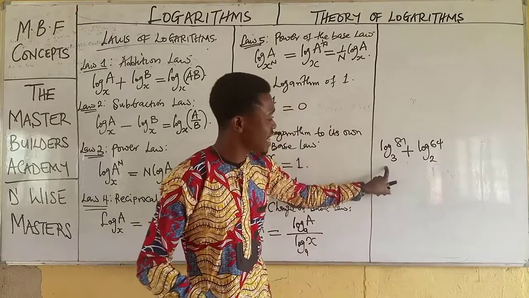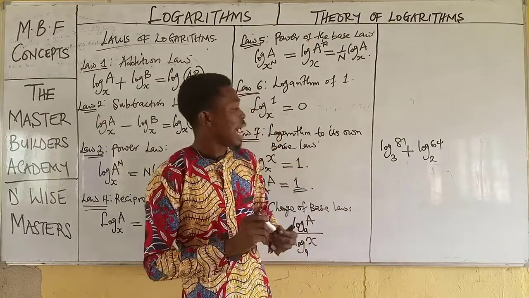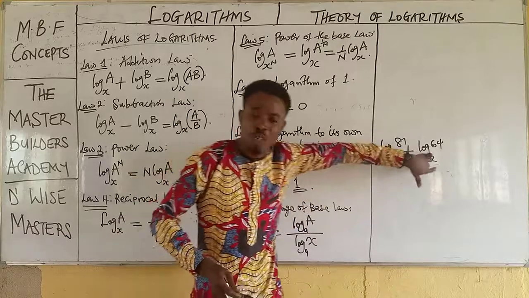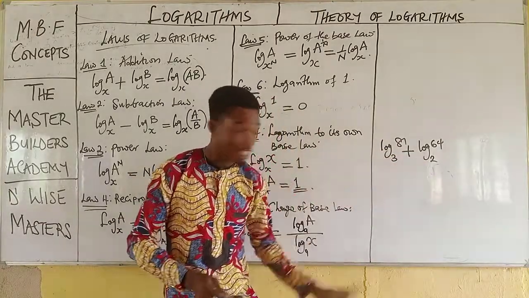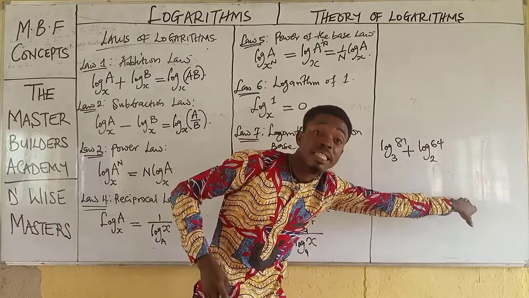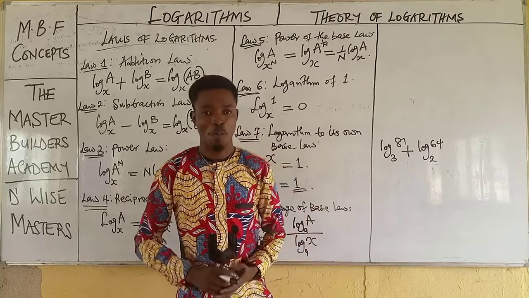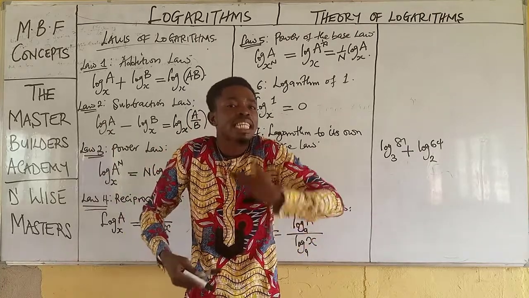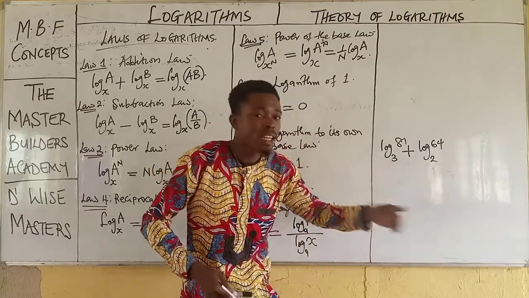According to the logs earlier stated, I mentioned that for this law to work, they must have equal coefficient and equal base. But now when you look at it, you find out that the bases here are not equal. So since the bases are not equal, I will take a step that will make the bases equal.